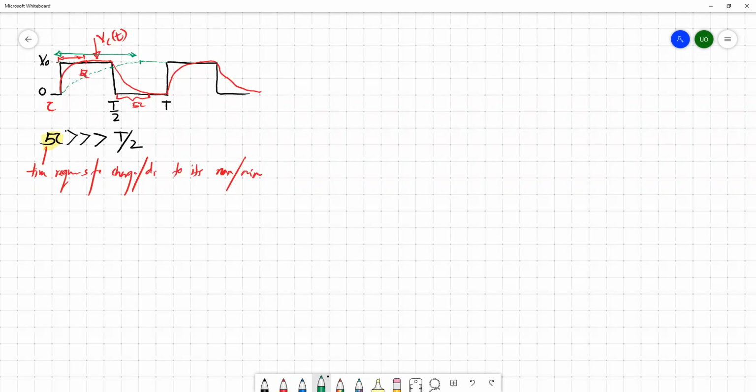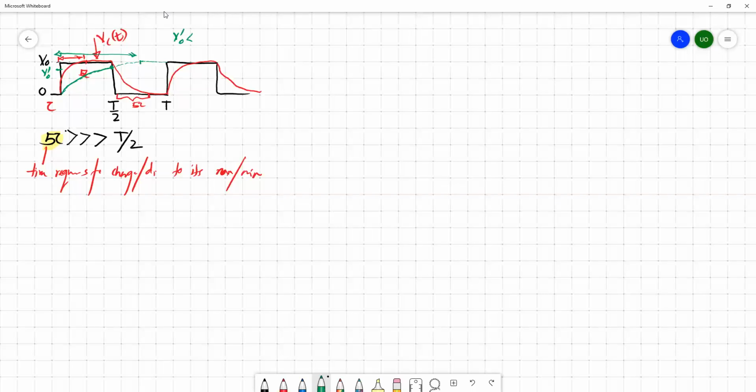Once you draw the actual profile of the charging, it's something like that. It charges only up to this point, not up to V naught, somewhere around V naught dash.